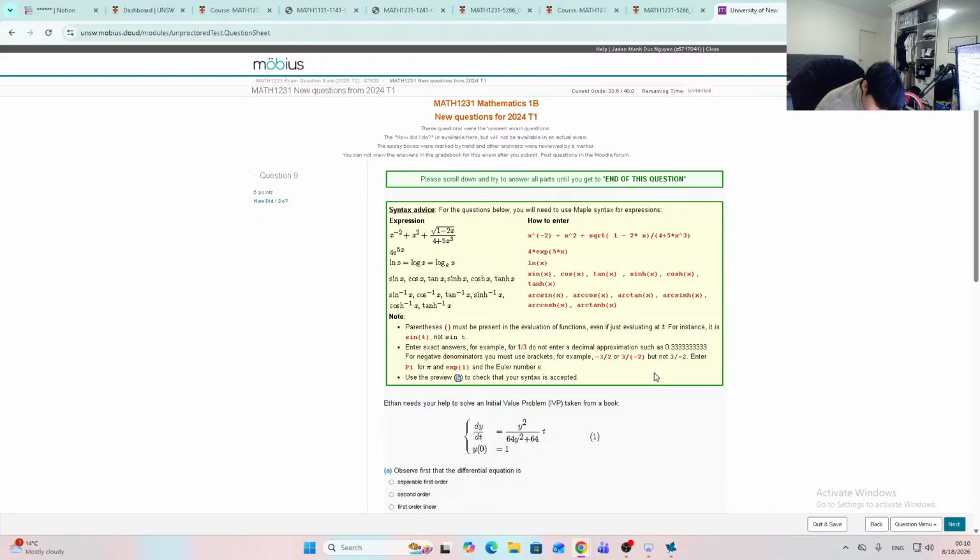Ugly, well, dy over dt equals y squared over 64 y squared plus 64 t, which is, right, so it is a separable first order equation.